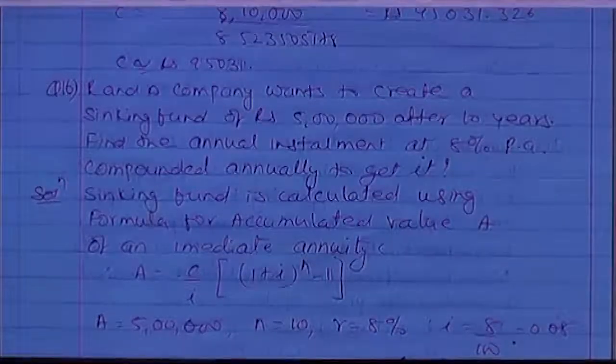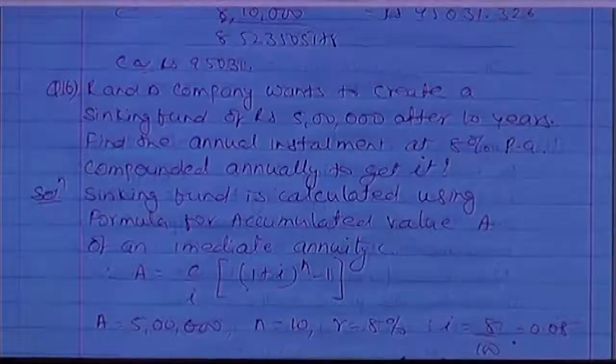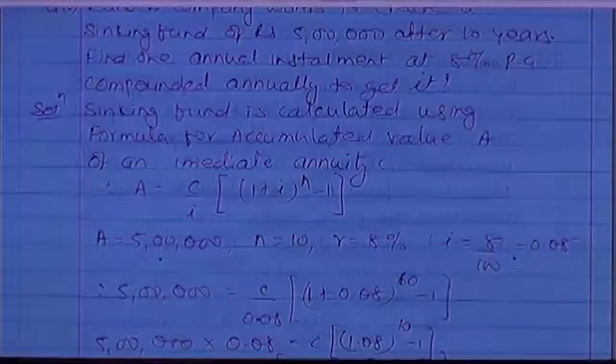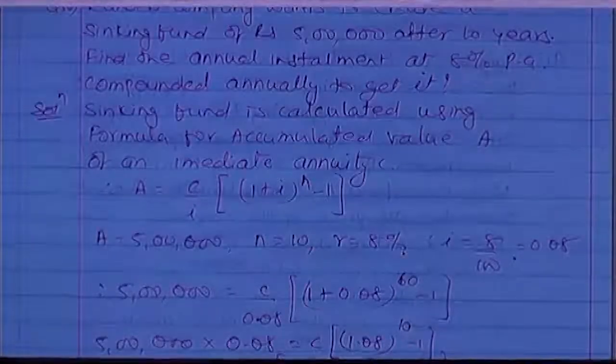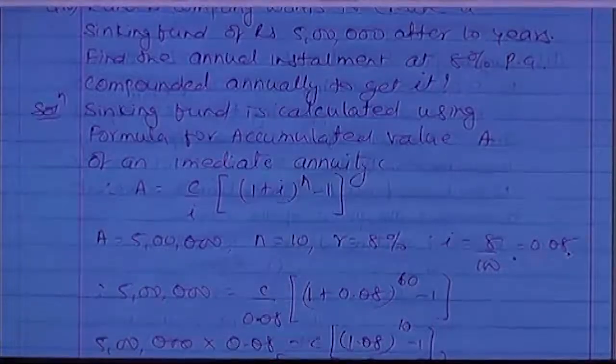So the accumulated value for immediate annuity C is given as C upon I times 1 plus I raised to n minus 1, where here A is equal to 5 lakh, N equal to 10, R equal to 8%, so I will be 8 upon 100, that is 0.08.